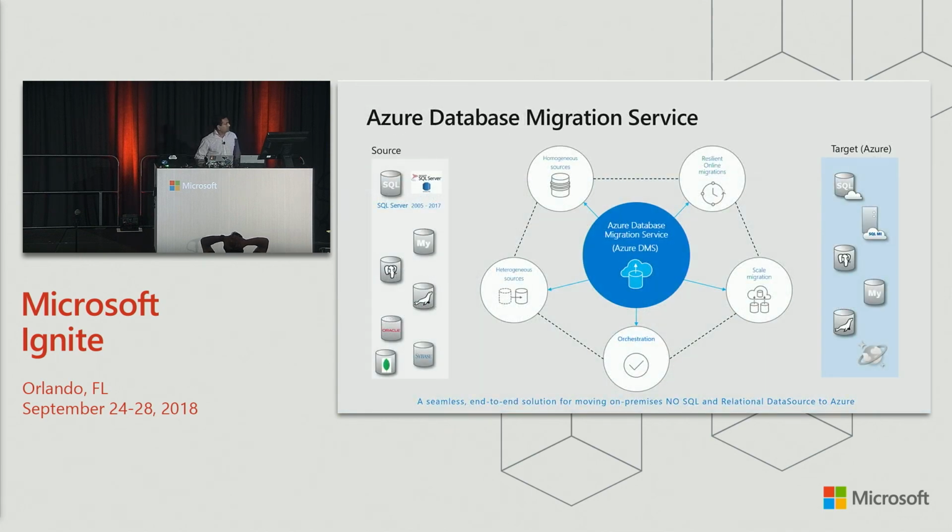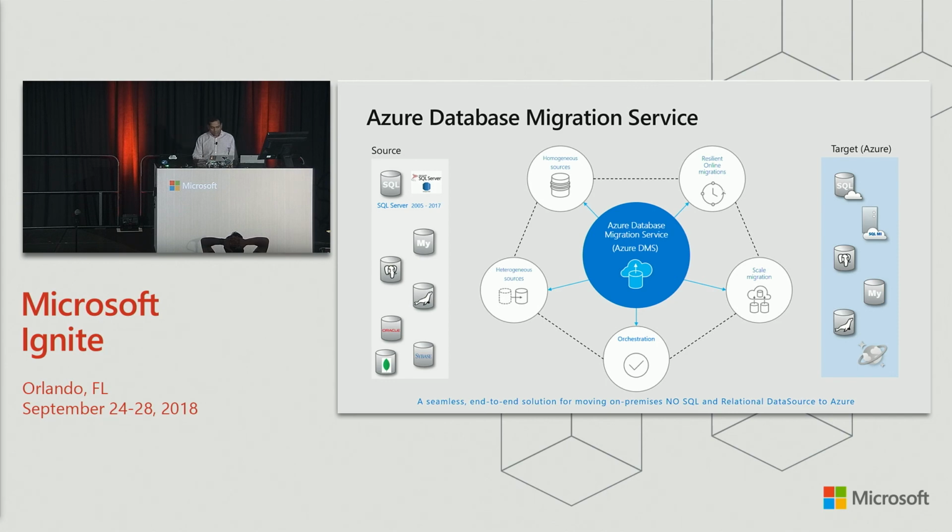So here's Azure Database Migration Service. It's online. As I said, it supports multiple sources: SQL, MySQL, Postgres, Oracle, and Sybase, and all such RDBMSs. And then, of course, we have Mongo that we've just introduced as a first NoSQL source.